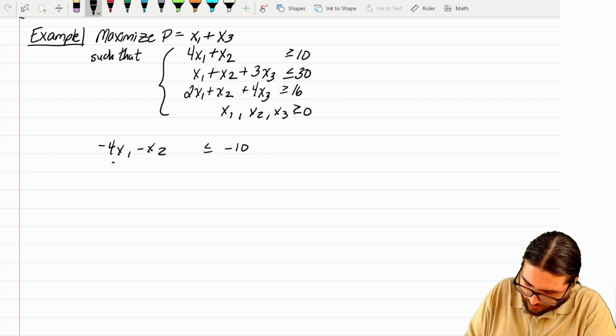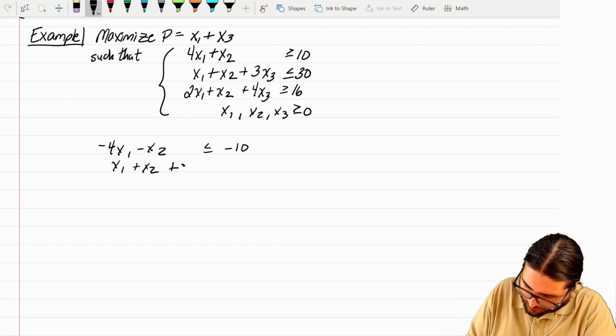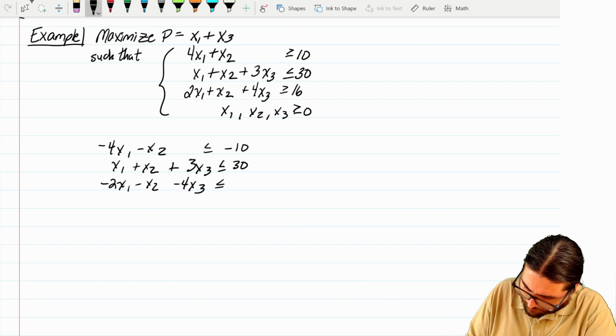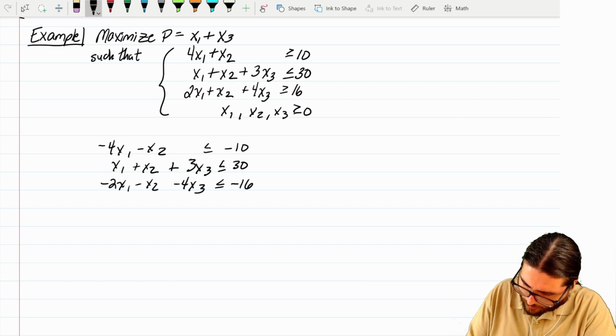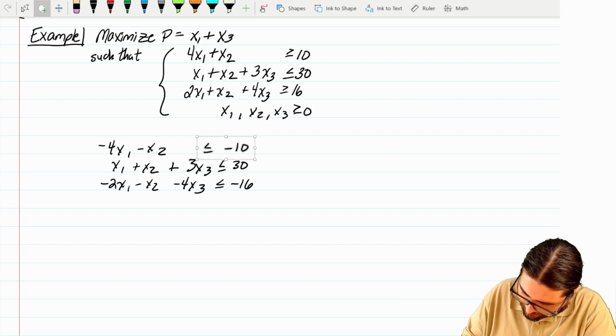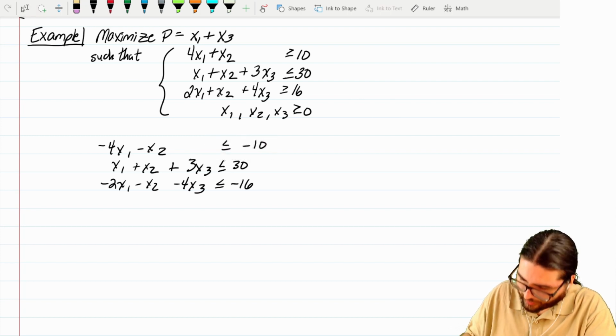I don't need to do this for the second inequality. 3x3 less than or equal to 30. But I do need to do it for the third. Okay. And just to make that look a little bit more like a matrix, I'll go ahead and move this over a little bit. There we go.